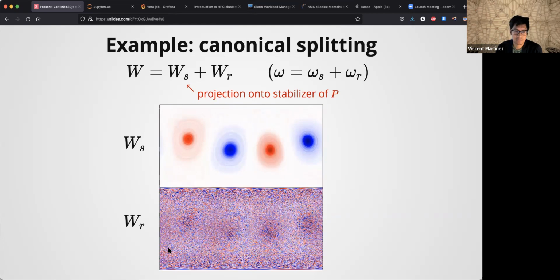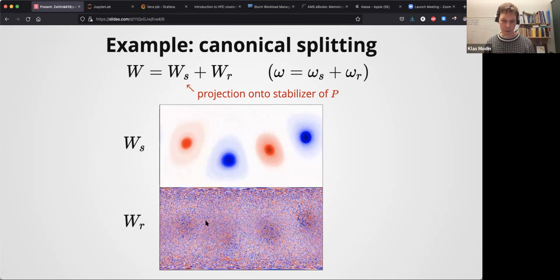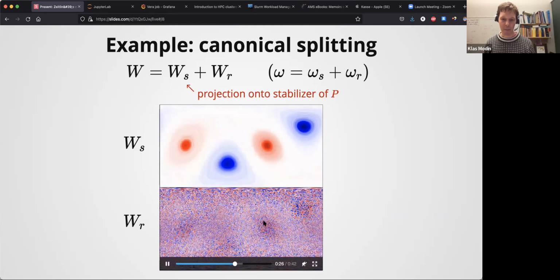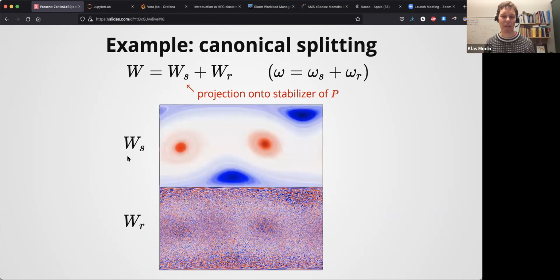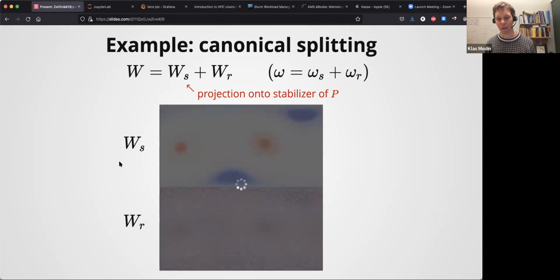Yeah. Okay. So this looks now very grainy, right? And it's interesting to study the dynamics of the Zeitlin model in terms of these two matrices, WS and WR.